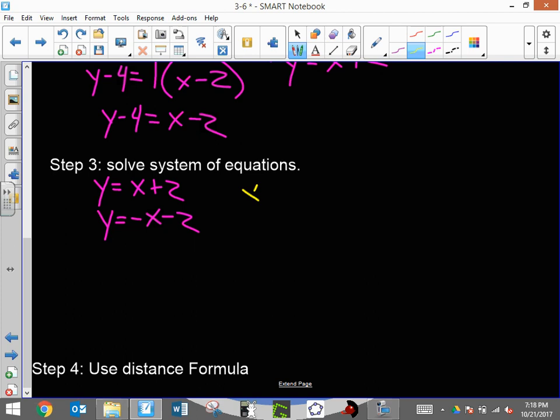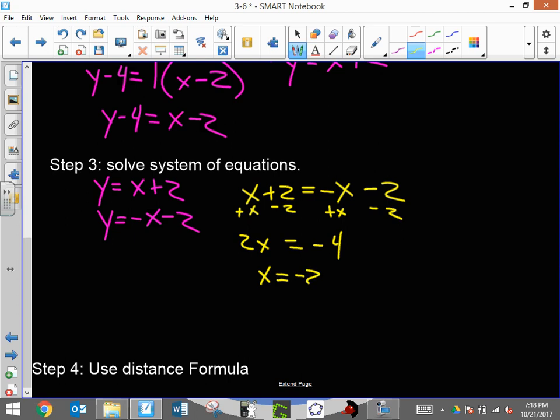So I've got x plus 2 equals -x minus 2. I'm going to add x to both sides, which will get me 2x. And then I'm going to subtract 2 from both sides, which will get me -4. Divide by 2, that's going to give me x equals -2.